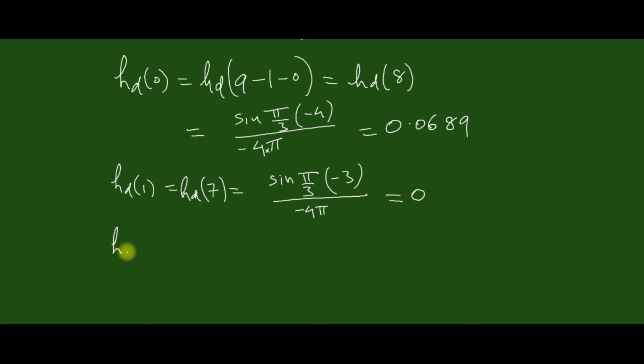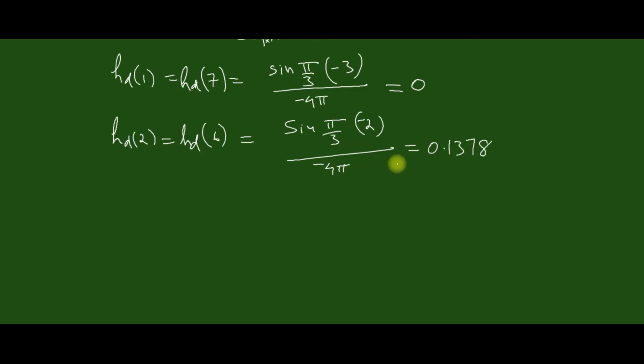Next, hd of 2, which is equal to hd of 6, which is equal to sine pi by 3 into 2 divided by minus 4 pi, which is equal to minus 2, is equal to 0.1378.